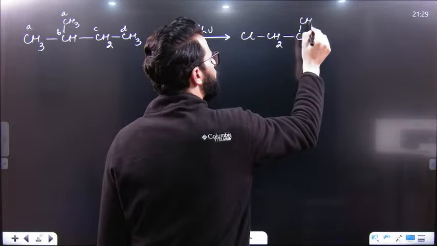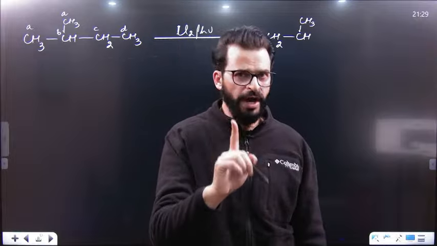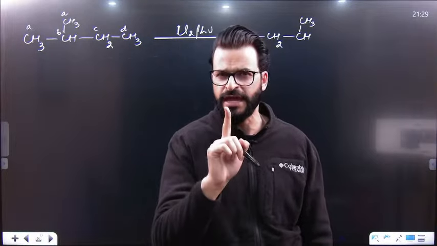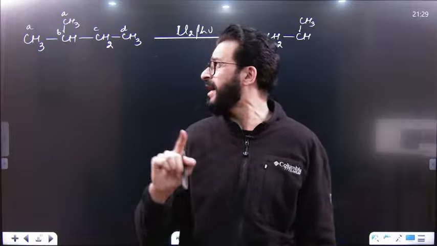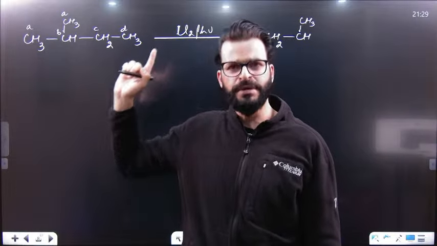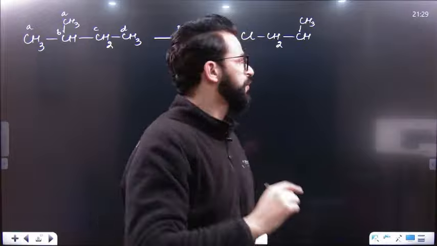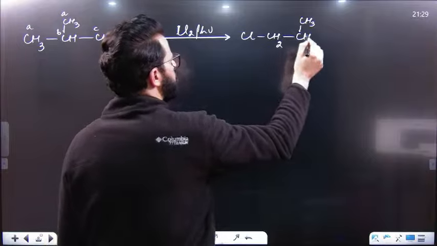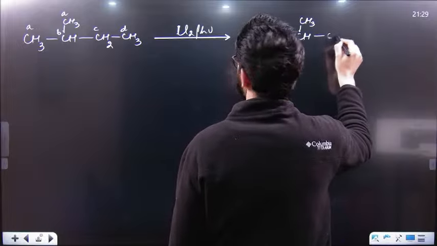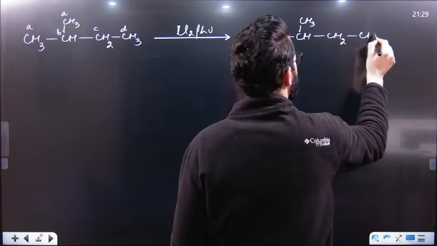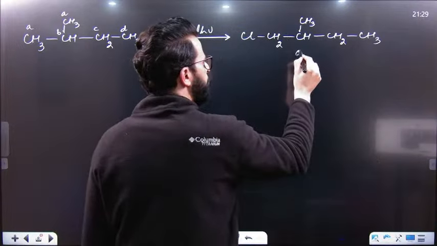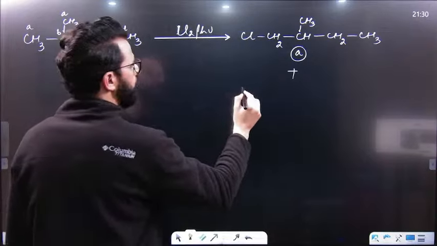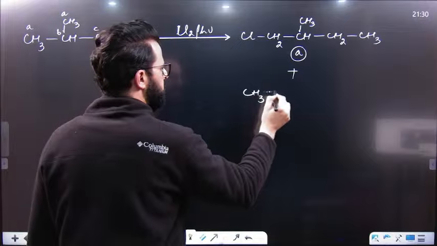That means we have to remove 1 hydrogen and replace that hydrogen by chlorine. But we have to remove hydrogen from either A or B position or C position or D position. I have replaced this hydrogen, from this A position, by chlorine. After that, this will become the first monochloro derivative or chloro product. So this is A. Then after that, the B product will be like this: CH3, C, CH3.